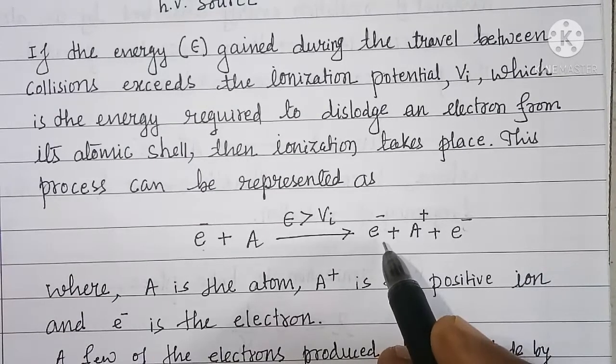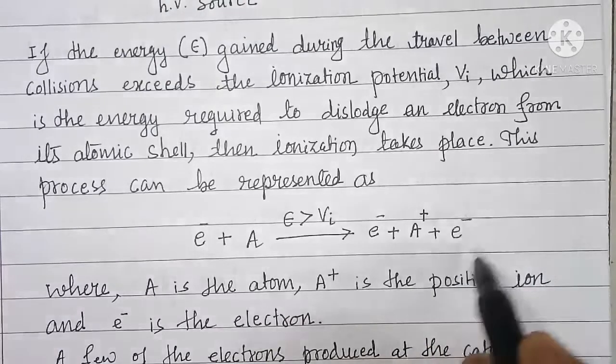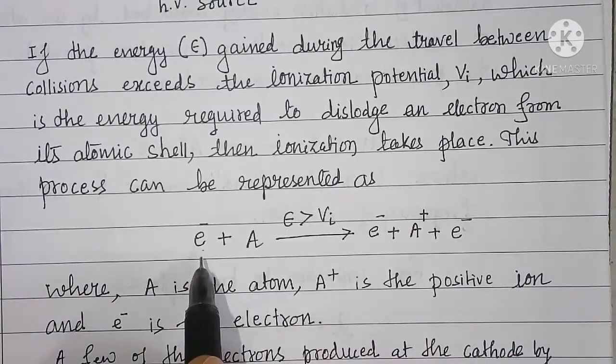Then an electron was released from the gas molecule or atom, and the gas atom or molecule had become a positive ion, and this electron is a free electron, which we have shown on the left hand side.